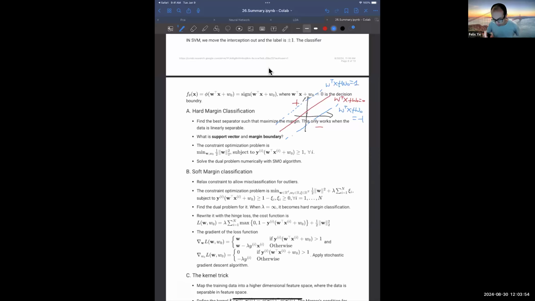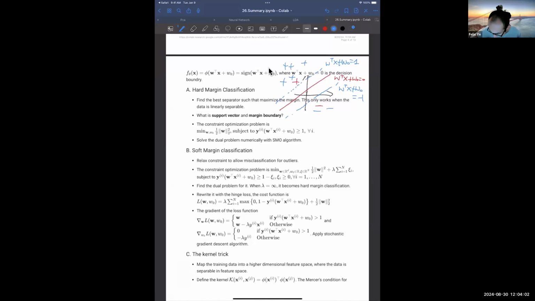I want all my positives in the upper region, and all my negatives on or below the margin boundary, such that they separate as much as possible. The points that happen to be on the margin boundaries will be my support vectors.